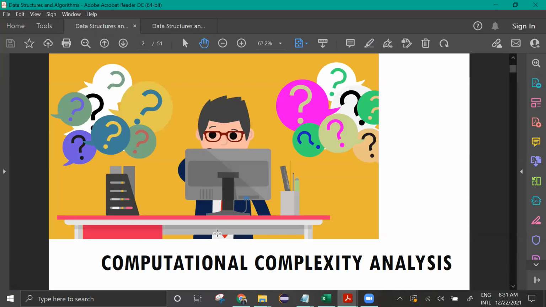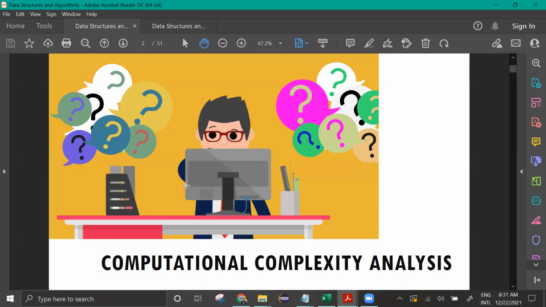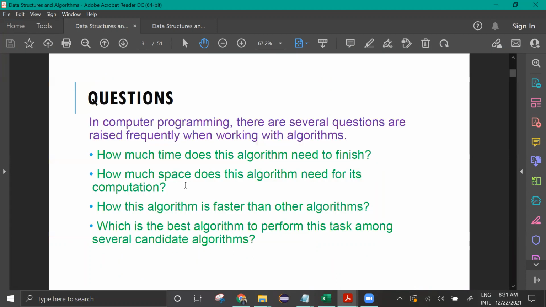So in the last 2 weeks, we talked about computational complexity analysis.